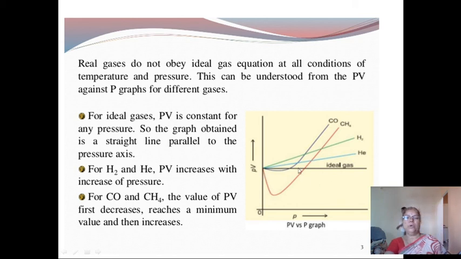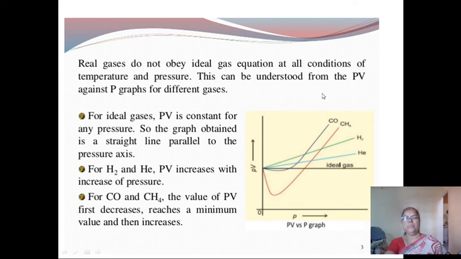But in the case of real gases, the PV values decrease, reach a minimum, and then increase. This is the deviation of real gases from ideal behavior, from Boyle's law. Real gases do not obey the ideal gas equation at all conditions of temperature and pressure.